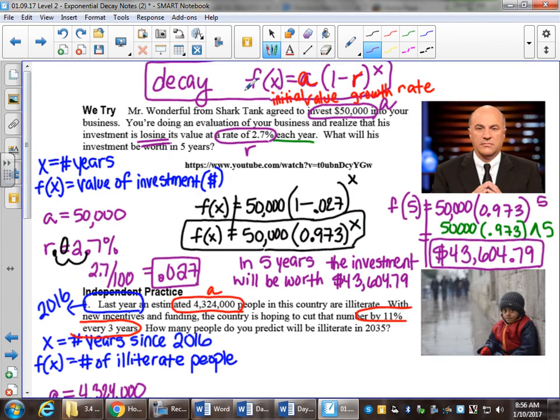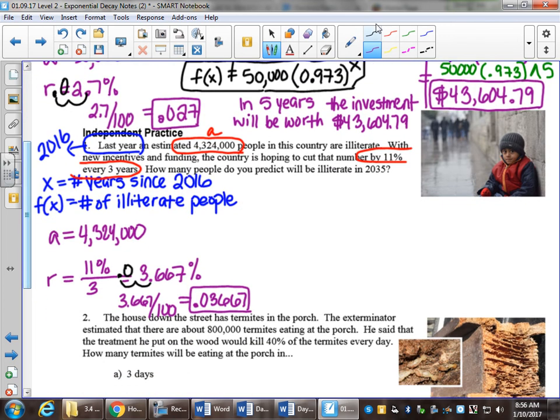Right now, try on your own, filling in A and filling in R, and we'll see if what we write matches. When you're ready, let's see if we match.